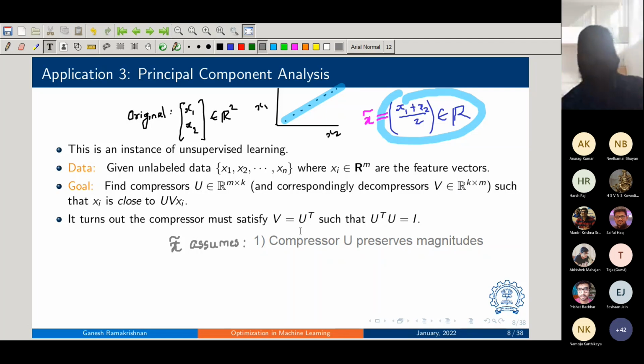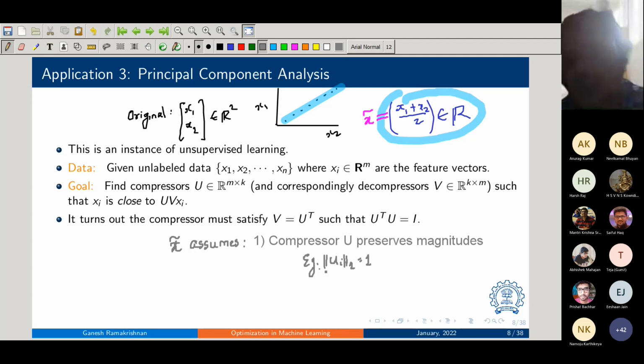So for sanity, for example, you can just say that if you're looking at the columns of U, so let's say a column of U is ui, and the norm is 1.